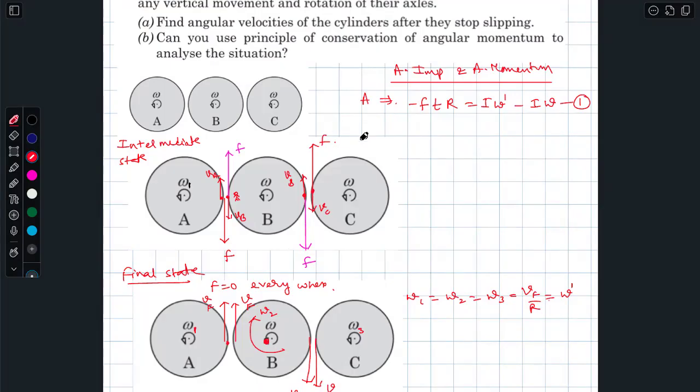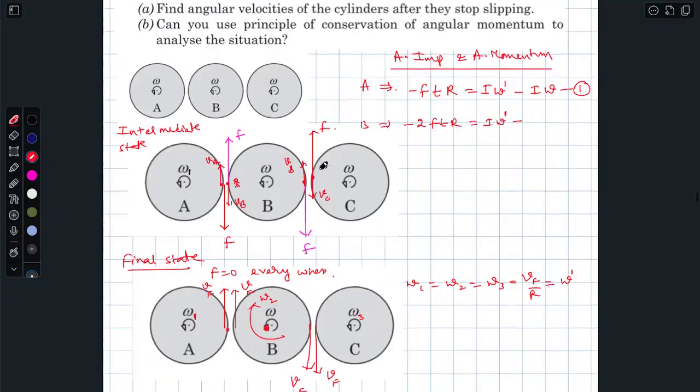Similarly, for B there are two such angular impulses. Minus 2FTR is equal to I omega dash minus, but for this the initial direction itself is different. Am I right or not? Initial, say, final is this. See, I'll explain why I took minus. Clockwise impulse, I took minus.